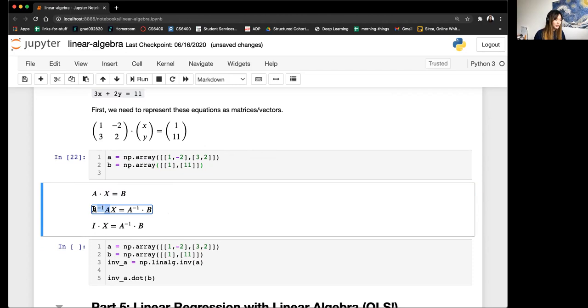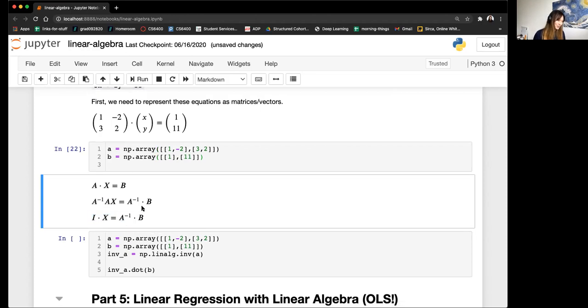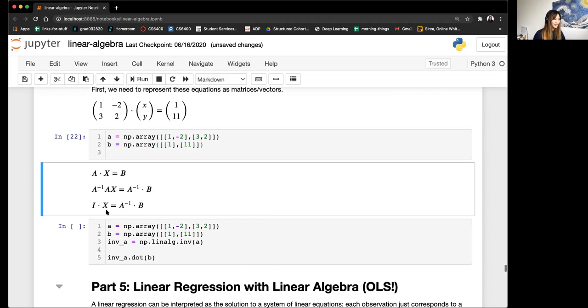We do that because we know that once we have this left multiply of the inverse of A over here, it turns into the identity matrix, which is like the number 1. So that's where this equation comes about. We're multiplying the inverse of A on both sides. It's important to remember that we're left multiplying, so we always put the inverse of A to the left of whatever is existing. And then we solve for this.